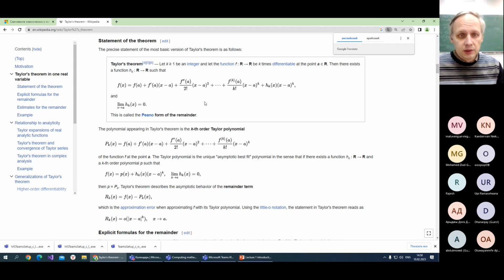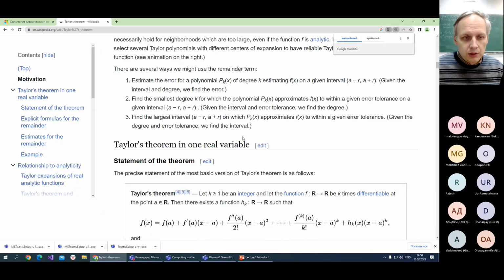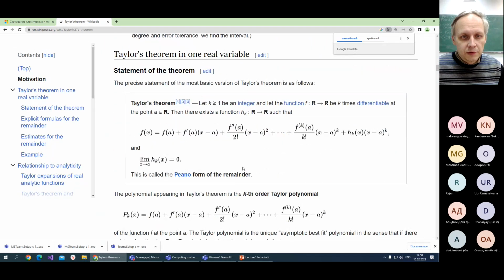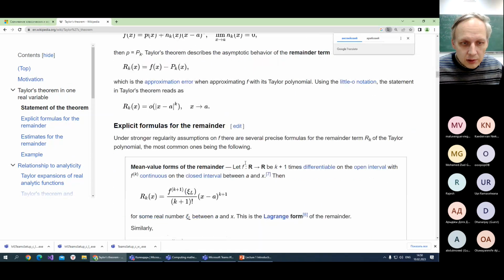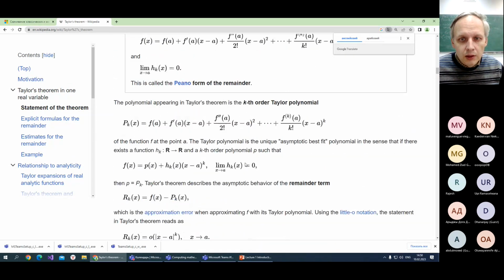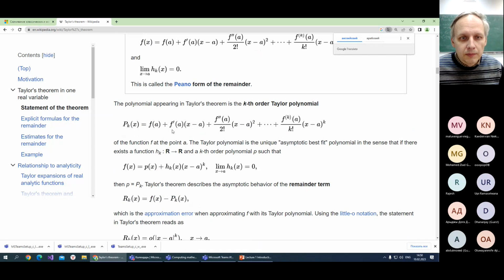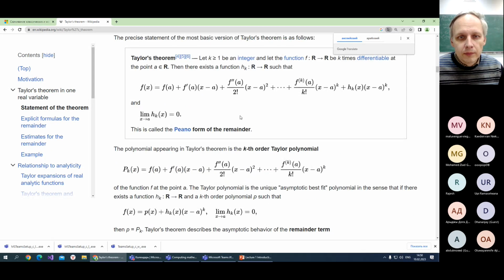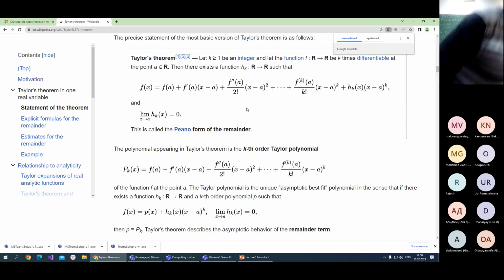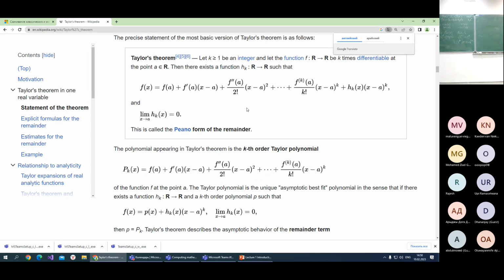The formula is presented here. There are different forms of the theorem. Here it's written in one form. I write it for you in maybe a slightly different form.